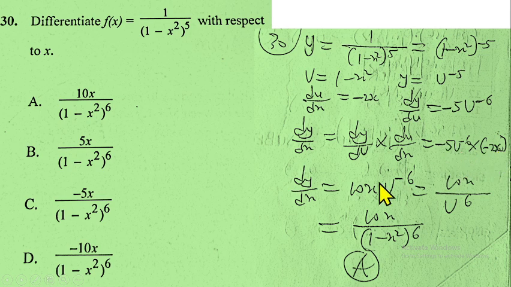Then 2 times 5 gives us 10x times u raised to power minus 6, which is 10x times 1 over u raised to power 6, which gives us 10x over u raised to power 6. Don't forget that our u is 1 minus x squared. So if you replace that back, we have 10x over 1 minus x squared raised to power 6. That is the answer, and option A is the correct option for question number 30.